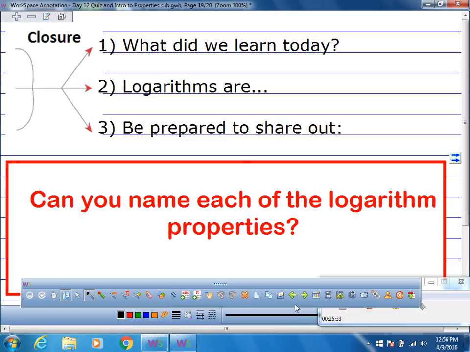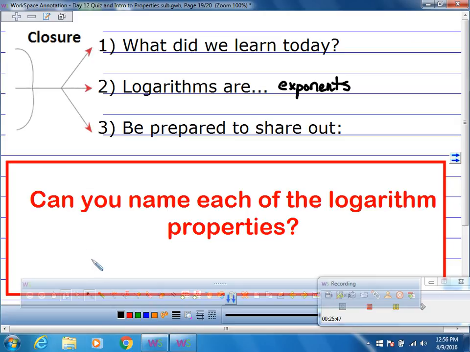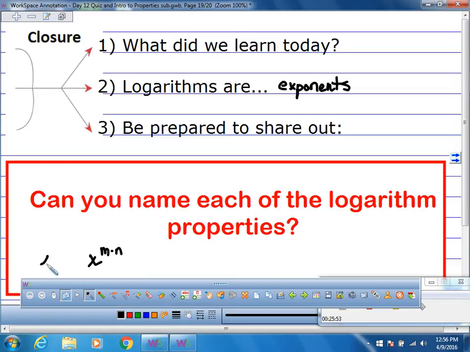Okay, so logarithms are, again, exponents. Super, super important. Logarithms are exponents. Can you name each of the logarithm properties? We've got the power property. We'll write it as exponents. The power property, x to the m to the n.